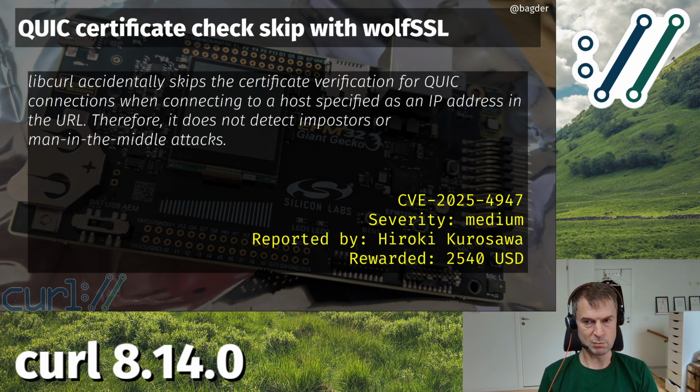And that's how this mistake managed to sort of get in there, because it was a mistake. And if all those combinations are true, curl could then skip the certificate check and move on as if the check has been done, and the user wouldn't notice if there would be an imposter and a man in the middle attack. We consider this a severity medium flaw.